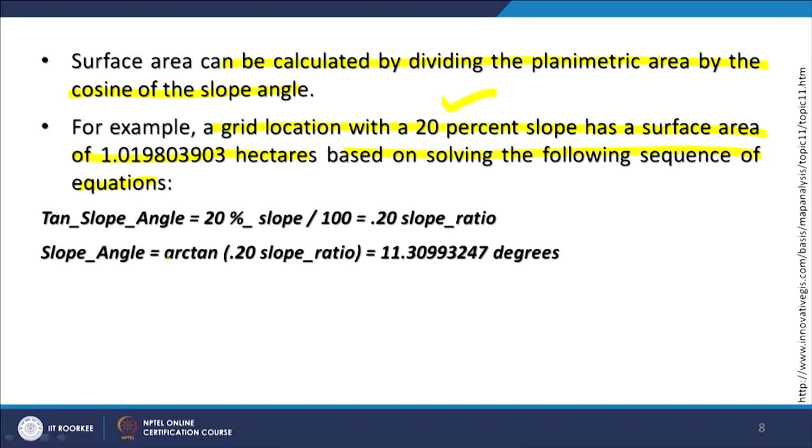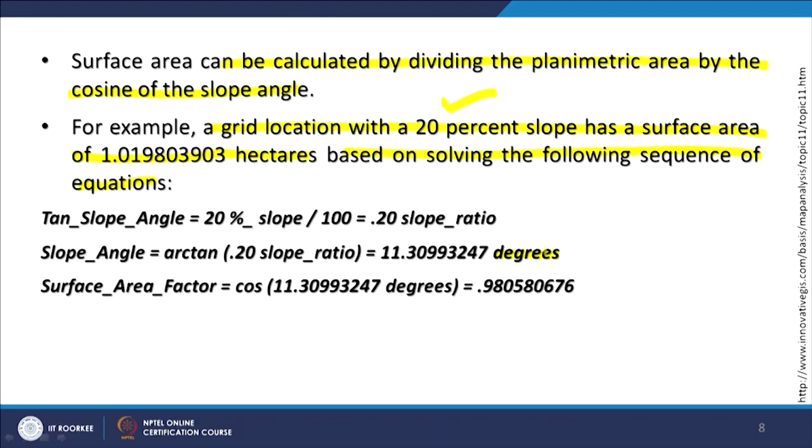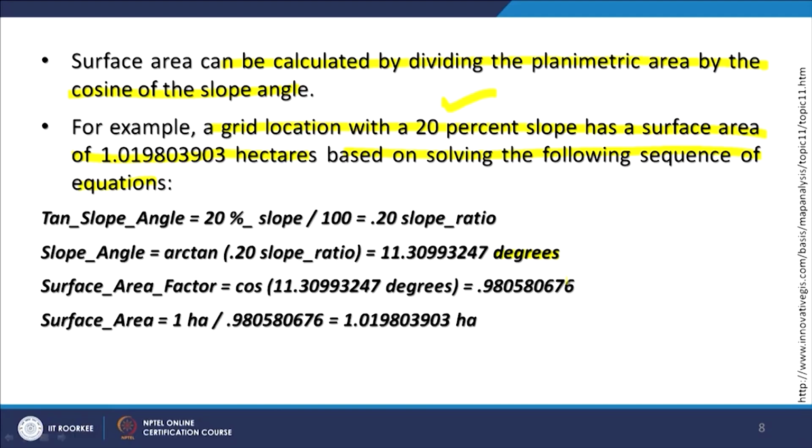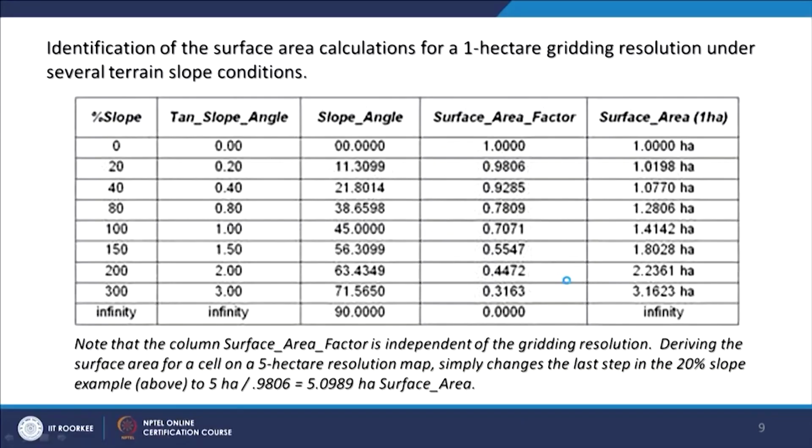So the slope angle is arctan of this, which is 11.3099 degrees, and the surface area factor is then calculated with the cosine of this angle. So it becomes 0.980, and ultimately the surface area is about 1 hectare, and so we get this kind of result. So, if we do the calculations for different angles, what happens?